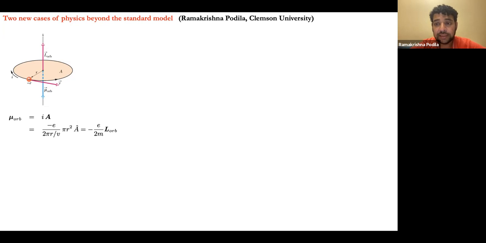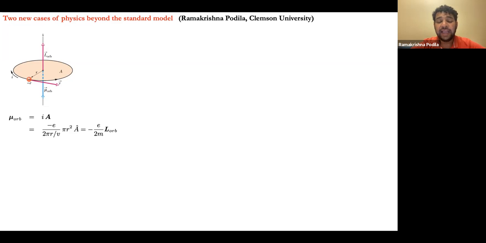Here we did not consider anything about the electron itself having a spin. Now, if you consider just the electron by itself, the electron is not necessarily going around in any orbit. It's just the electron. It has spin, which is often described as some sort of angular momentum in the heuristic sense.